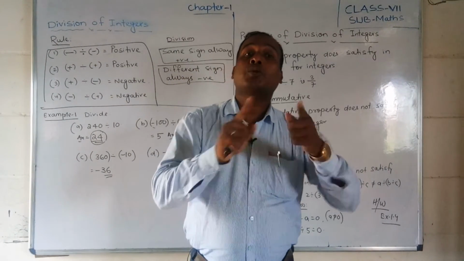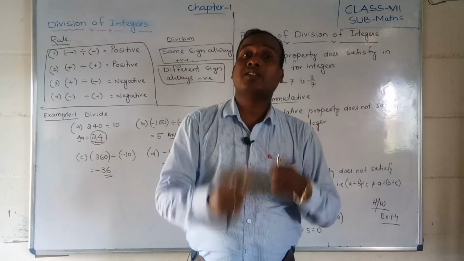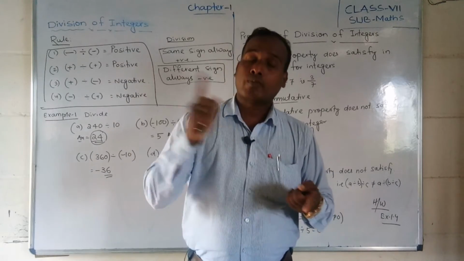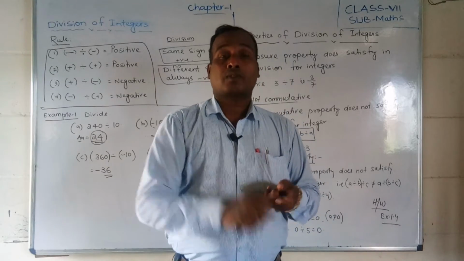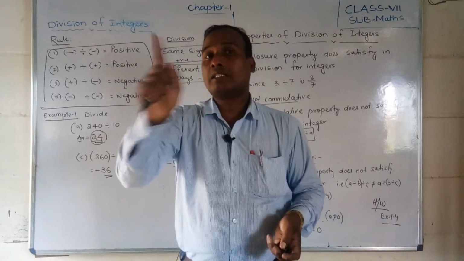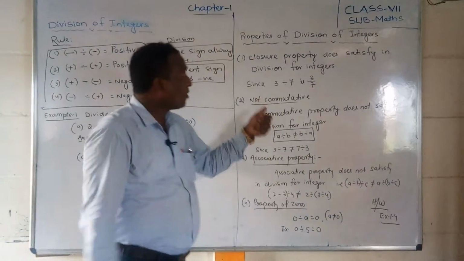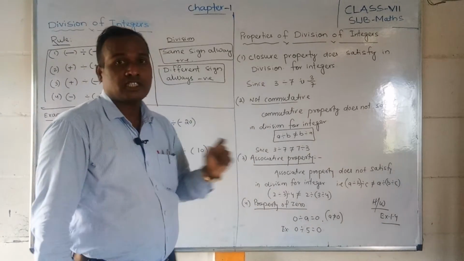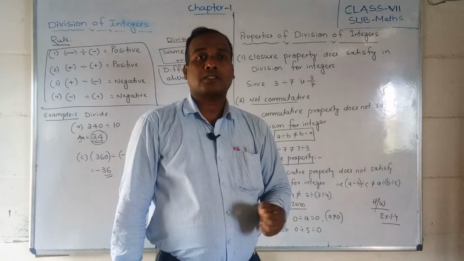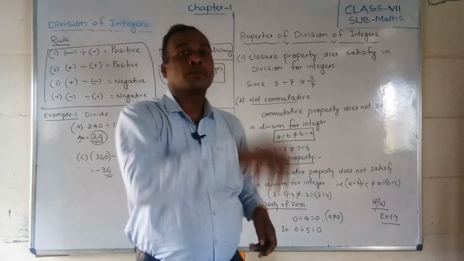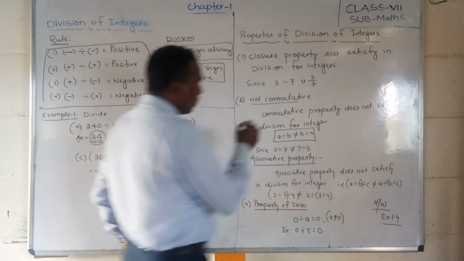When we add two integers, or subtract two integers, or multiply two integers, the result should be an integer. But in the case of division, it is not satisfied. In division, integers do not satisfy the closure property. Why?